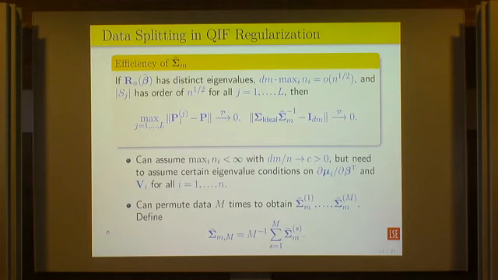Here, this dm times the maximum group size has to be slower than root n. It is a little bit restrictive, but in many small longitudinal data sets, this actually is okay. But perhaps we can modify this to accommodate larger longitudinal studies later on, hopefully. So we have these results.